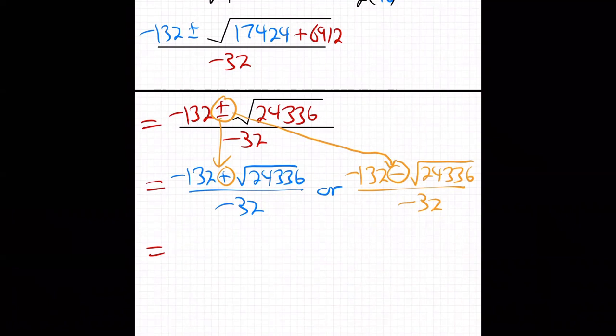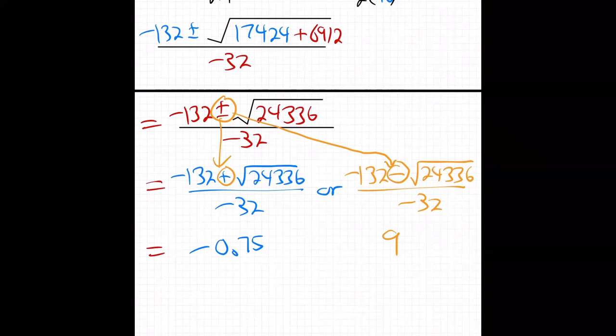The first one, I'm getting negative 0.75. And then the other one is coming out 9.